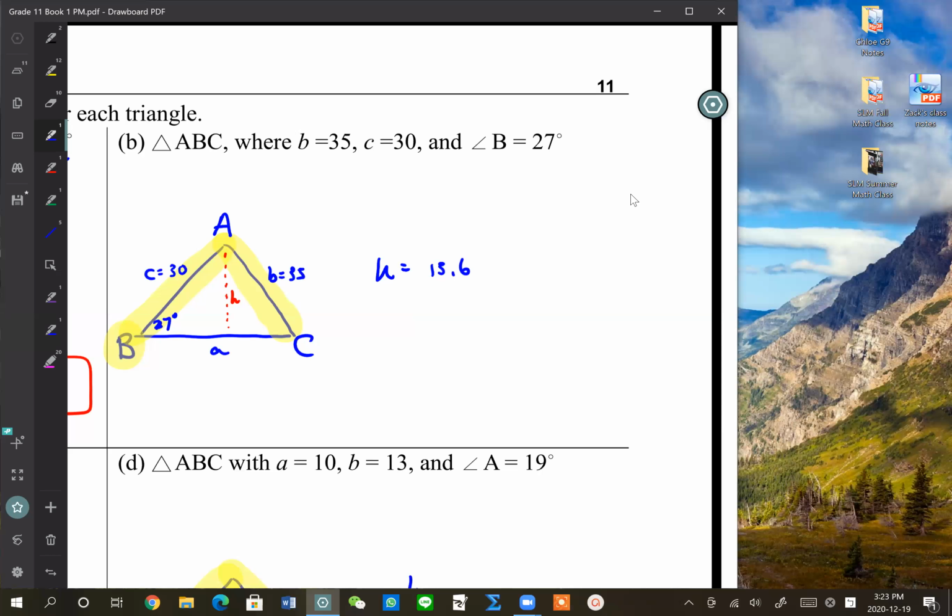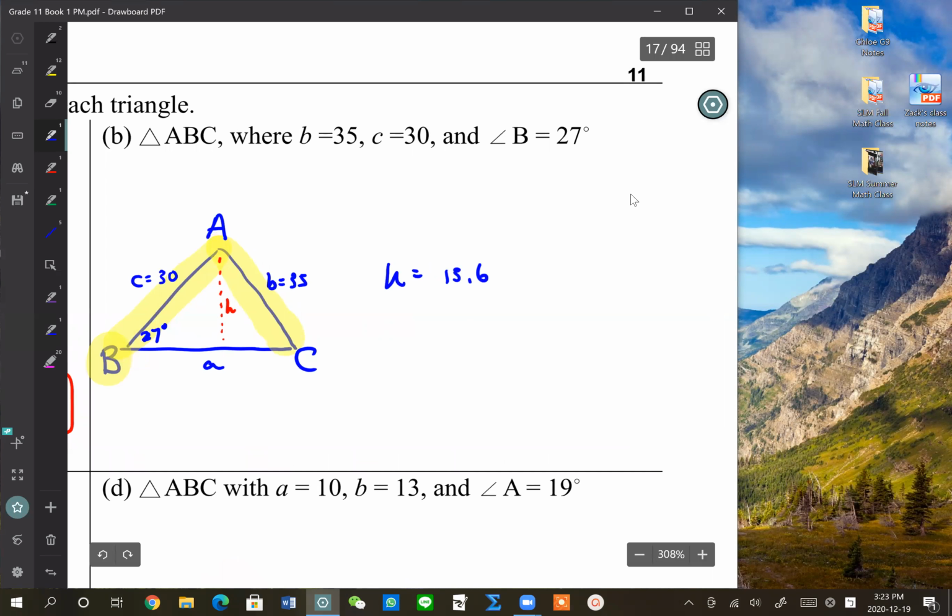Okay, then which case would it be? The door, 1, 2, 3, 4. Marcus, what do you think? Question B, which case is it?